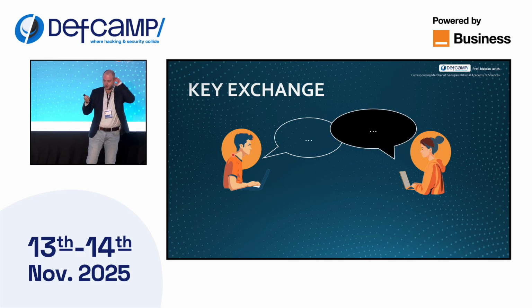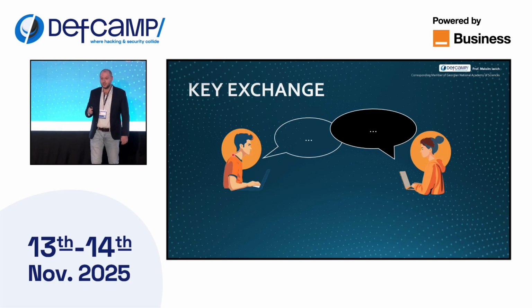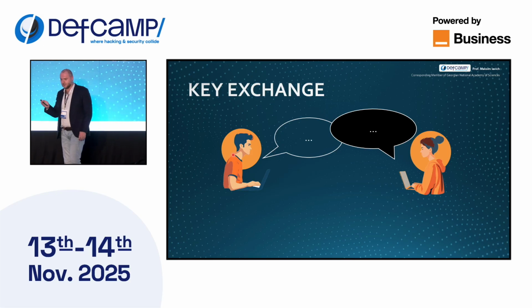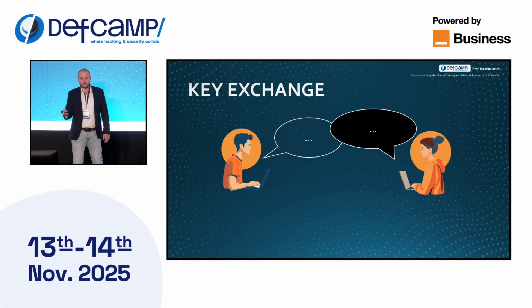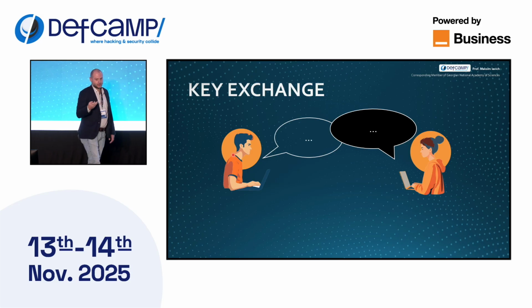The hacker will listen to their talk, but he will not be able to intercept the key. So he listens to their talk. Finally, after they talk, they share the key, but the hacker cannot get the key.